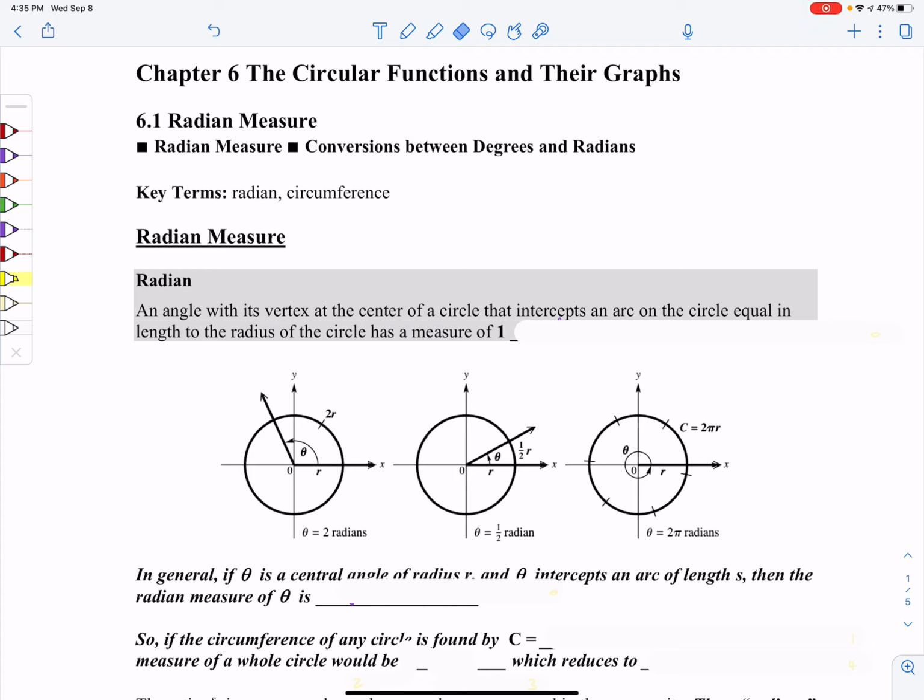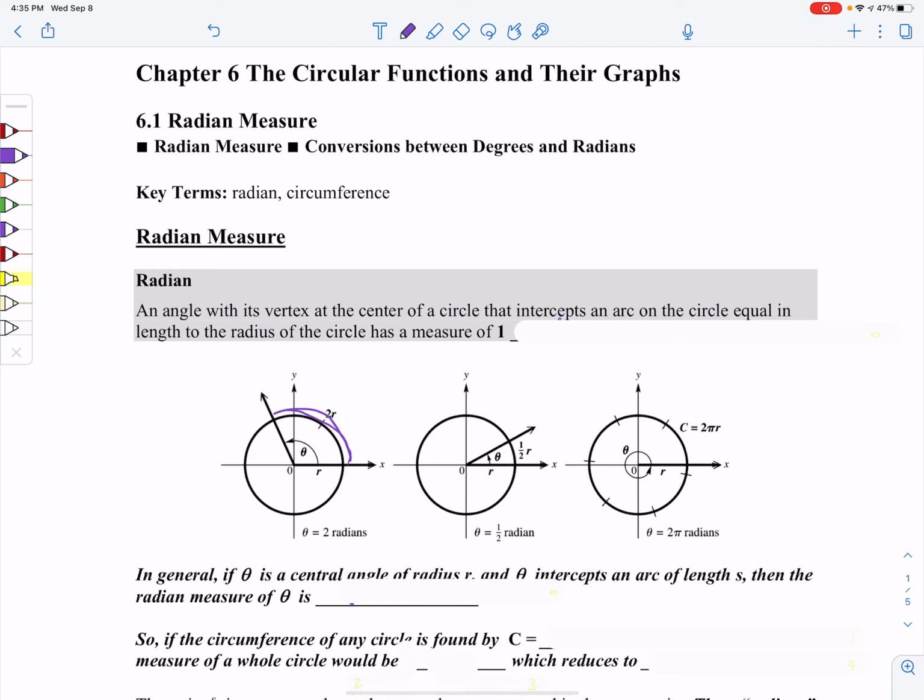The definition of a radian is that it's an angle with its vertex at the center. You'll notice here that I've got an angle at the center on all three of these pictures. The angle is at the center of the circle, and this angle intercepts an arc on the circle equal in length to the radius of the circle.